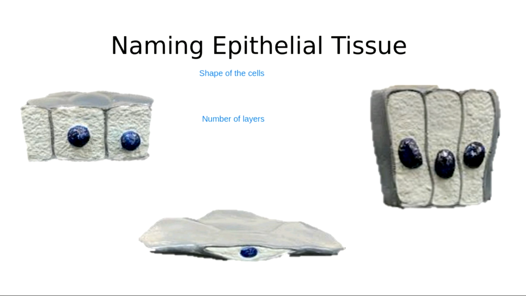So what I mean by that is when we look at these three different examples of what shapes of the cells could be, these cells look a little bit like cubes.